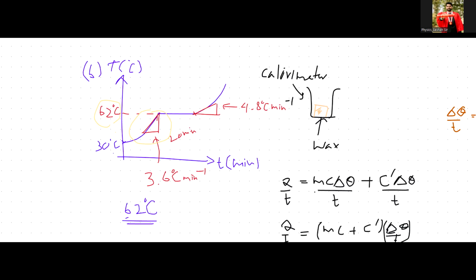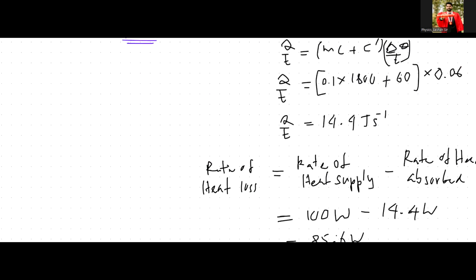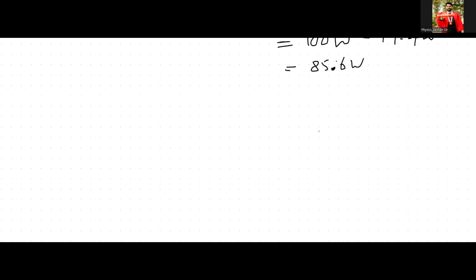Now let's go to the other part. We already found that the rate of heat absorption is 14.4. We got that value. So what I am going to do is equate the rate of heat absorbed by the calorimeter plus wax. Now look here very carefully.